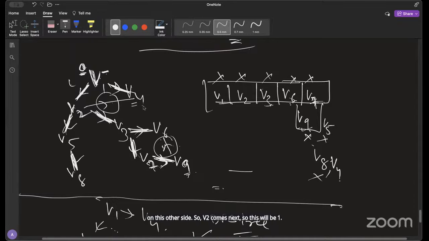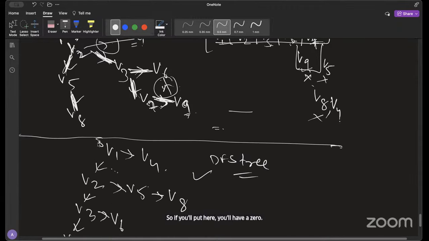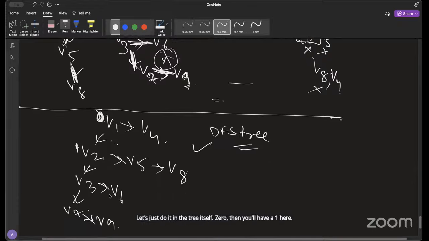V2 comes next, so this will be 1. And then after V2, you go to V3, right? Let's just do it in the tree itself. You'll have a 0, then a 1 here, then 2 here, 3 here. And then you're done exploring this, so you have a 4 here.